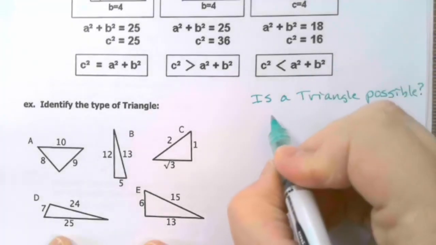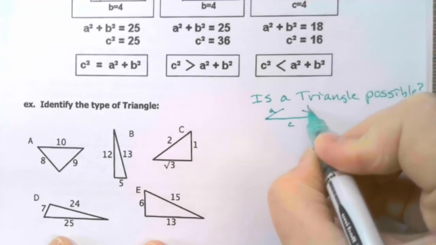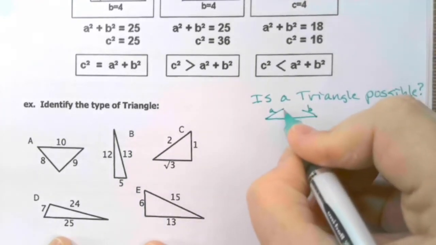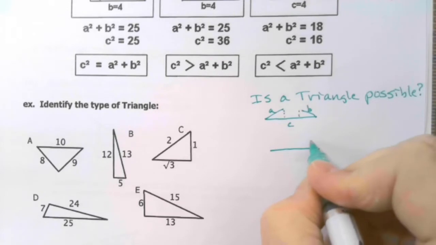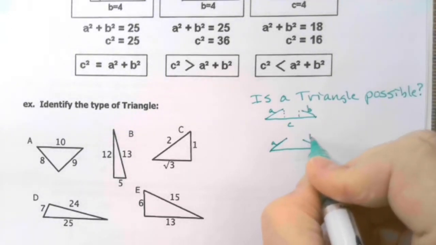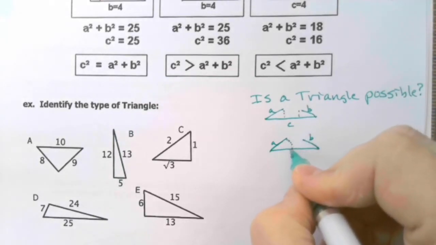One of them is if, let's say this is your C, if your A and your B are really, really small, they'll fall flat. They won't even make a triangle at all. If A and B together are the exact same length as C, they're still going to fall flat.